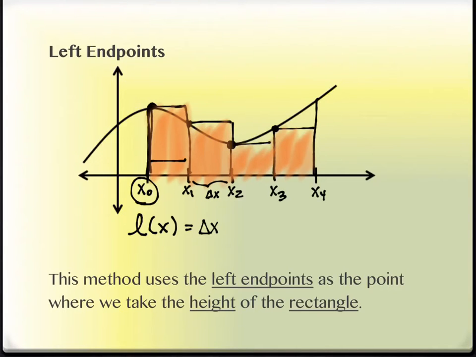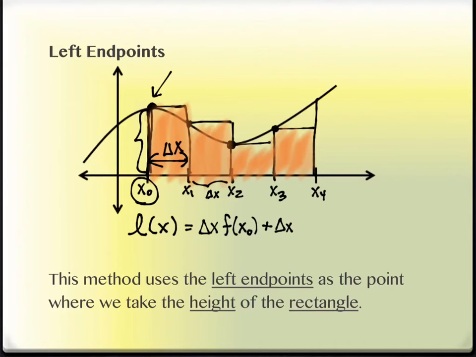So this piece here is the delta x piece, and now I need to figure out how tall this rectangle is. It's based upon this point right here that I used as my height point. The way that's calculated is you take the x value and plug it into your function, so it's f of x0. Whatever that x value is, you plug it into your equation, and you have the height.